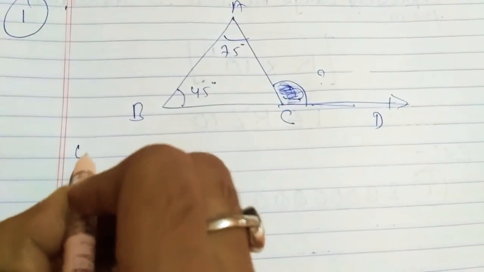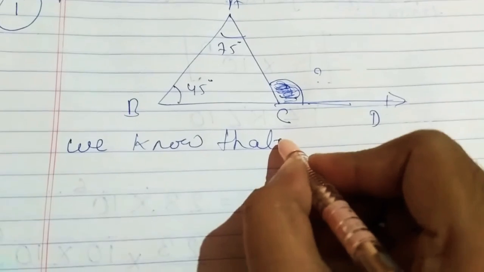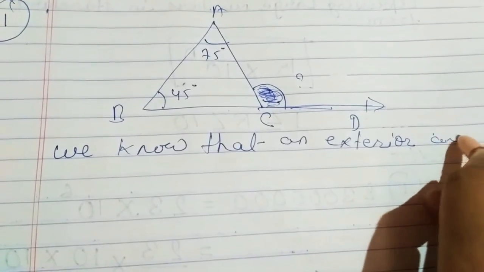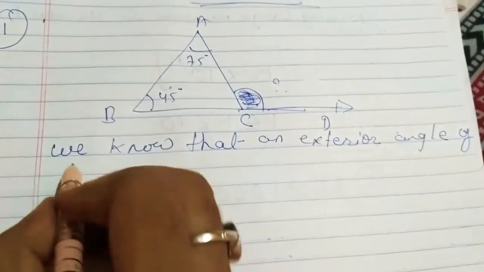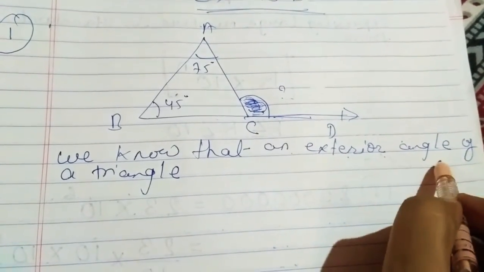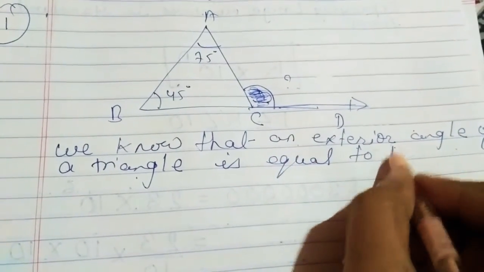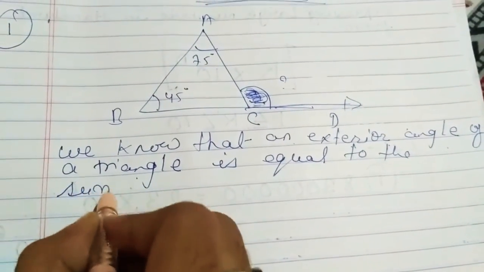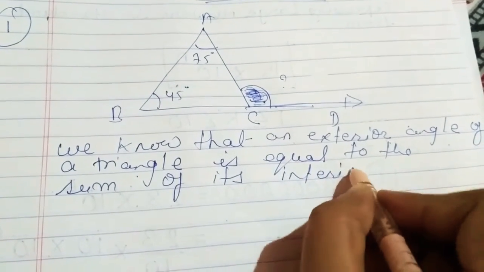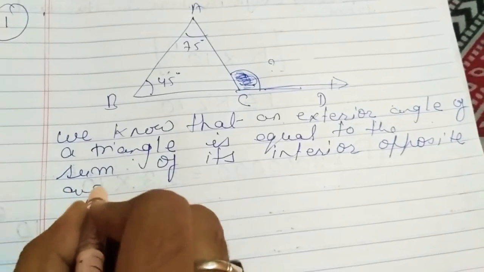According to the property you have to write: we know that an exterior angle of a triangle is equal to the sum of its interior opposite angles.